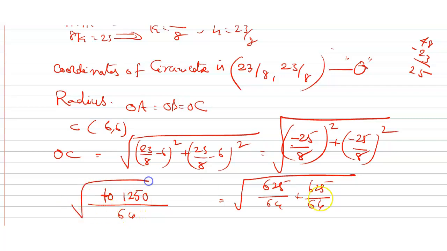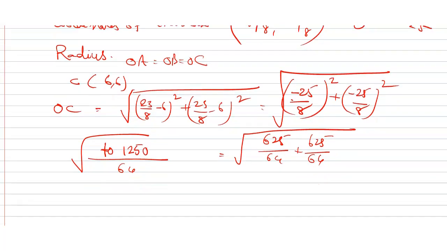But this is under root. I have to take out the square root for this. Okay. So square root of 64 is 8. 1250, that is 625 into 2, no? Under root, that is 25. Root 2 is root 2 by 8.